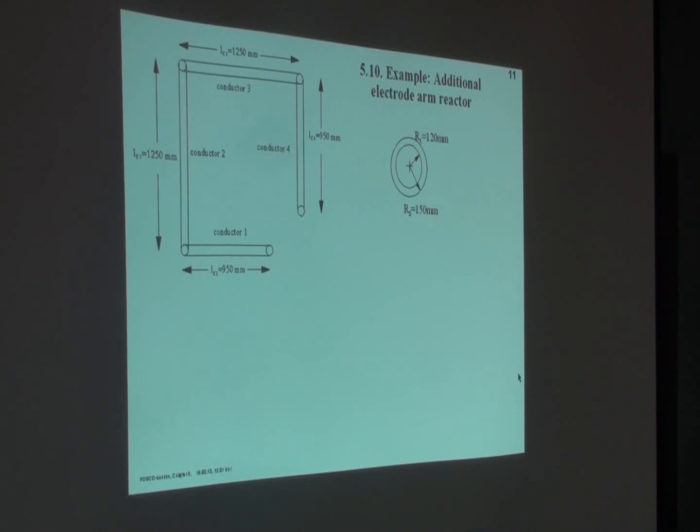First we have to calculate the G. How many conductors do we have? 4. 1, 2, 3, 4. We have to calculate the G of the conductor itself.